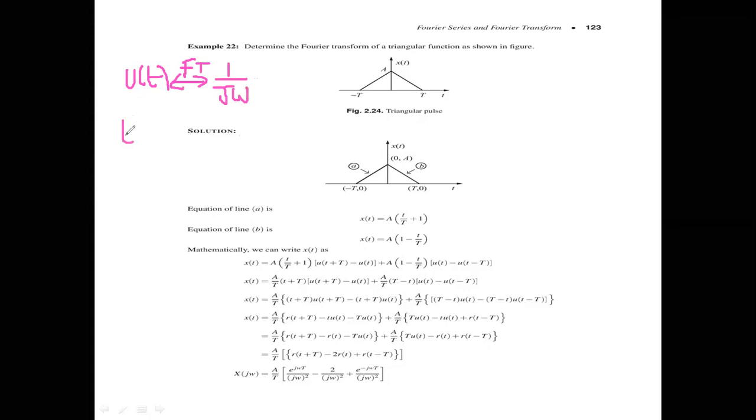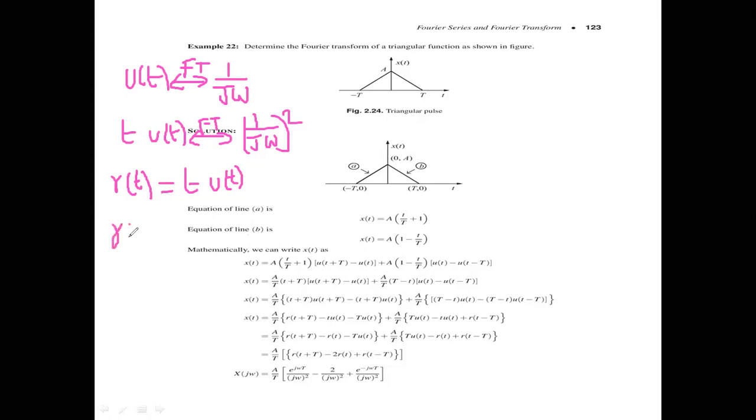For t into mu of t, the Fourier transformation is 1 by j omega whole square, and the ramp function r of t is equal to t into mu of t.